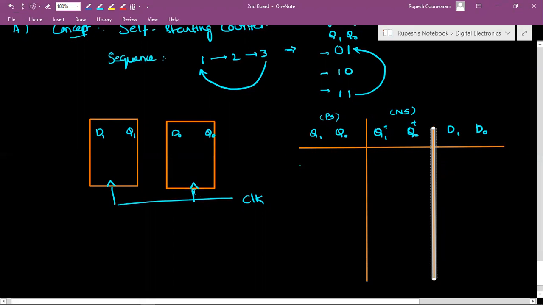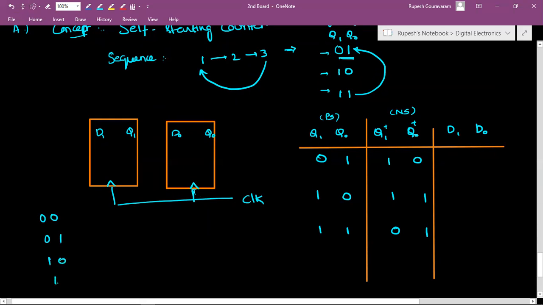Now, where can we start? We start with 0 1. So present state 0 1, then the next state will be 1 0. If the present state is 1 0, then it will be 1 1. If the present state is 1 1, then it will again go to 0 1. And one state is not touched. Normally we have 4 combinations with 2 bits: 0 0, 0 1, 1 0, 1 1.